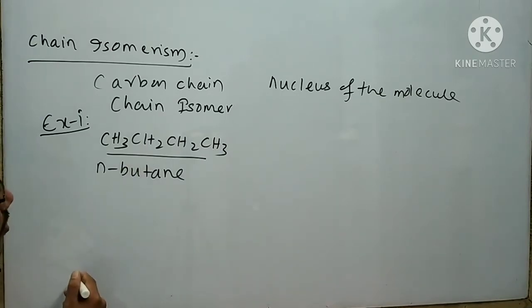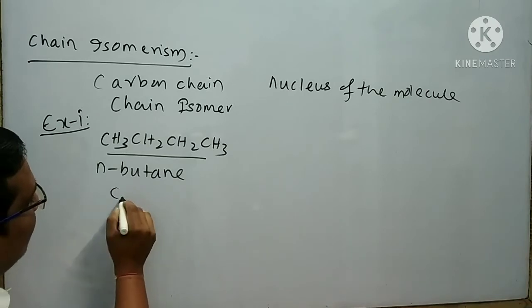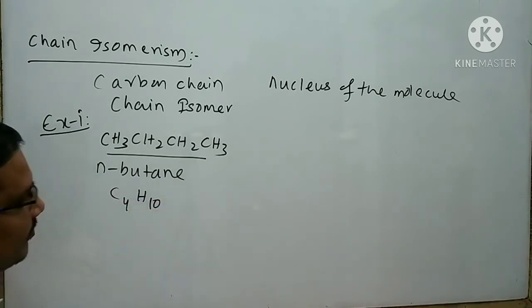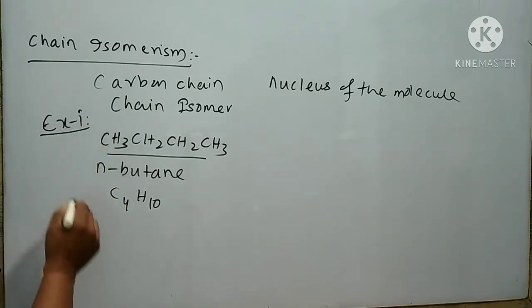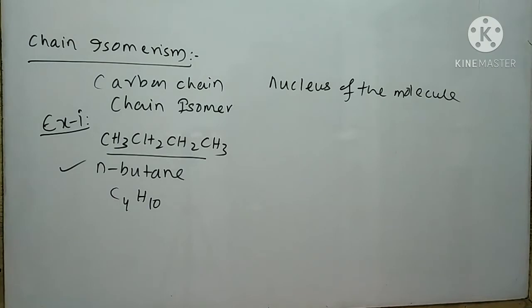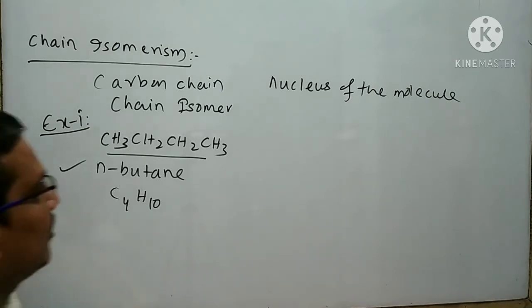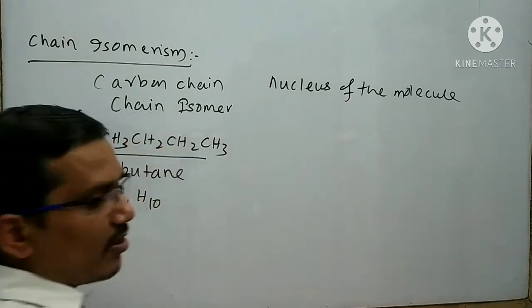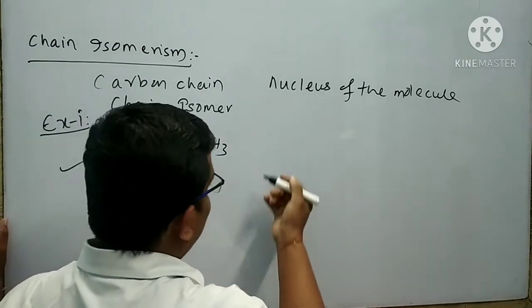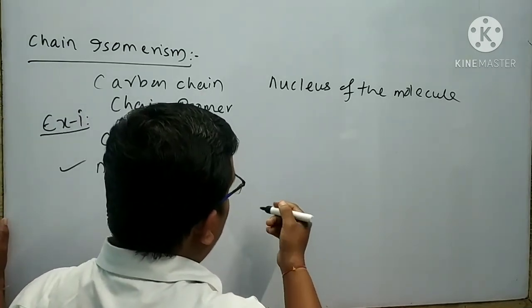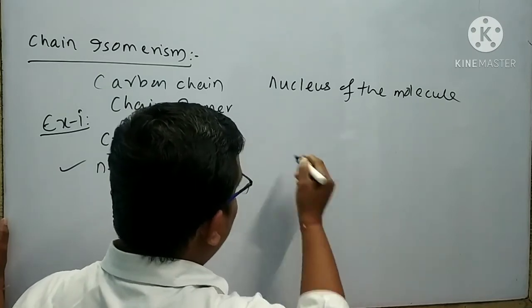This organic compound has the molecular formula C4H10. I want to draw a chain isomer of this organic compound. For this organic compound, I can decrease the number of carbon atoms in the parent chain. Here 4 carbon atoms are present, so I can decrease the number of carbon atoms, that means from 4 to 3.